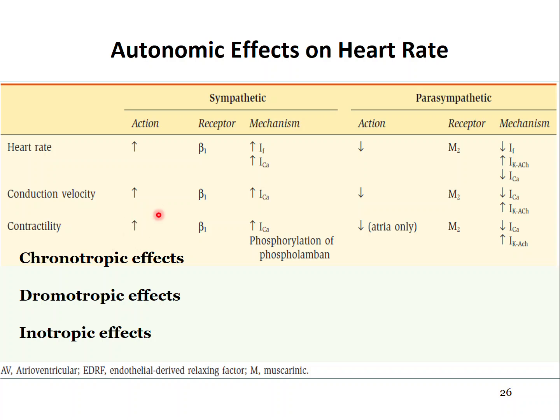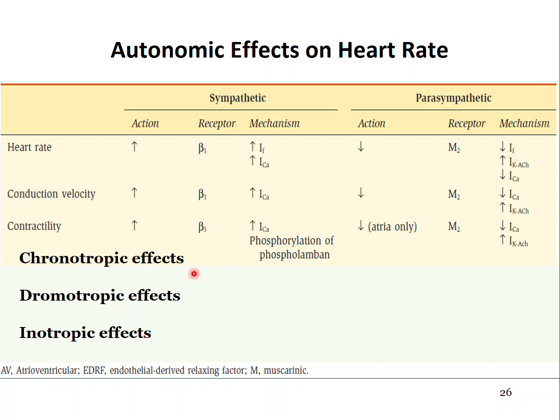The sympathetic system, again through the beta 1 receptor, will increase the contractility of the heart, especially by increasing the amount of calcium released after each action potential. Parasympathetic stimulation has an effect only on atrial contractility, not ventricular contractility, again through the M2 receptor, decreasing calcium current and increasing potassium current.